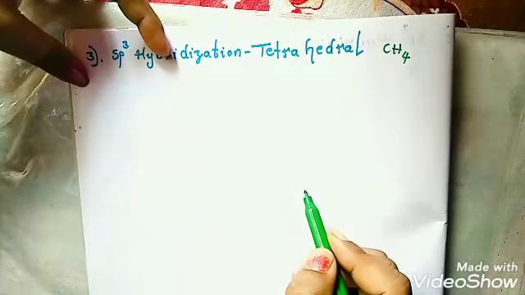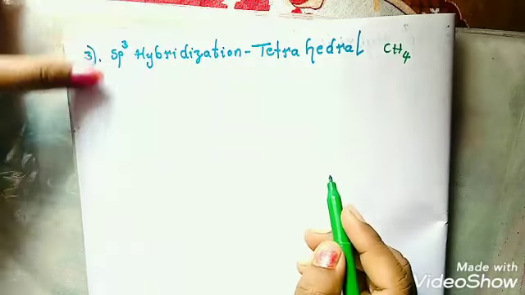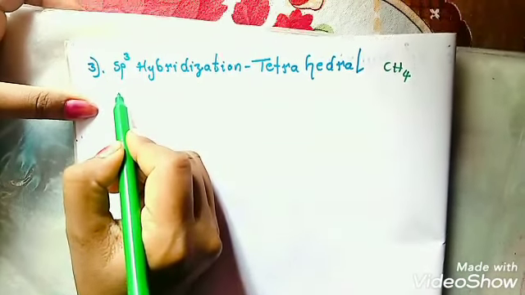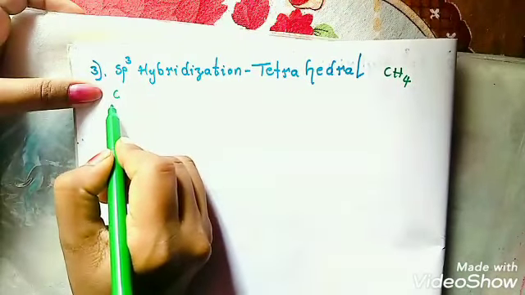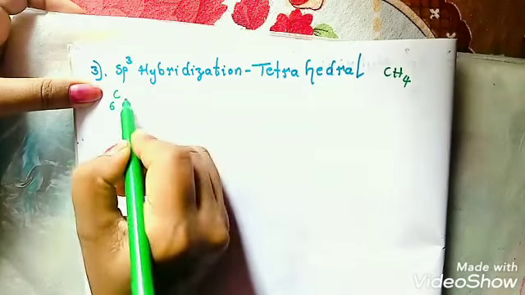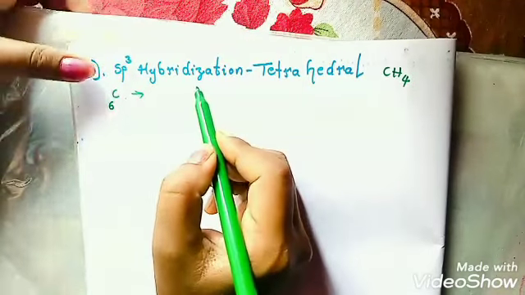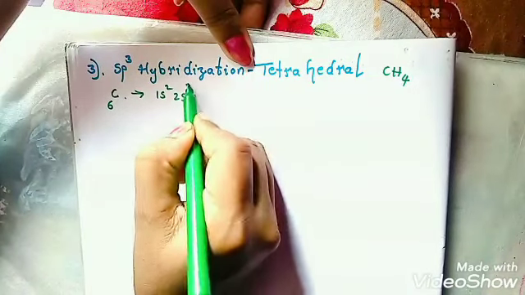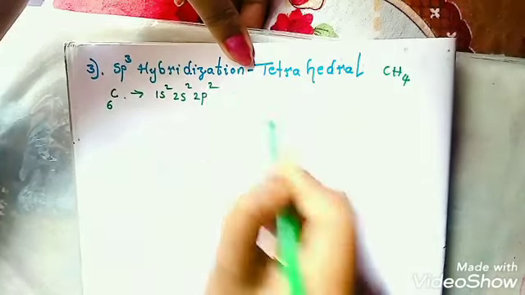In this, carbon and hydrogen are present. So students, carbon is the central atom here. If you see, carbon has atomic number 6. If you write the electronic configuration for this, 1s2, 2s2 and 2p2.